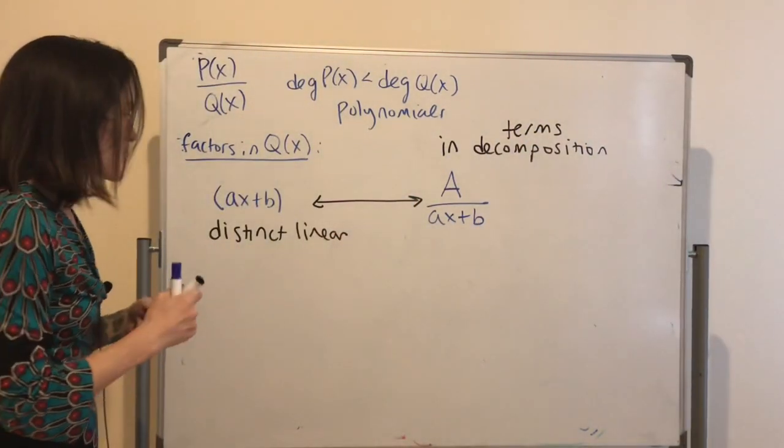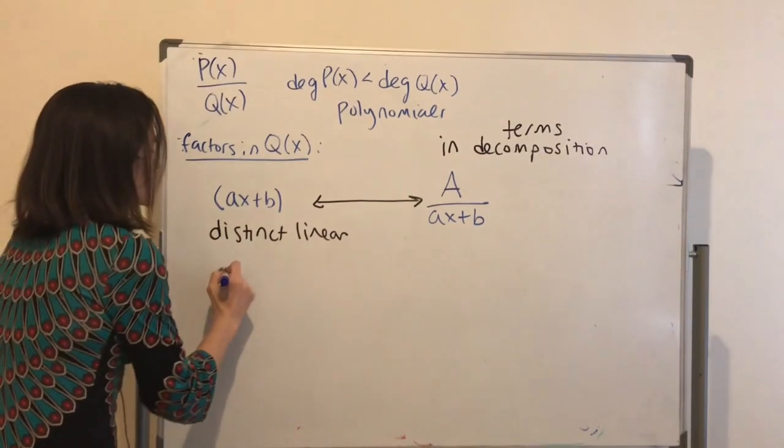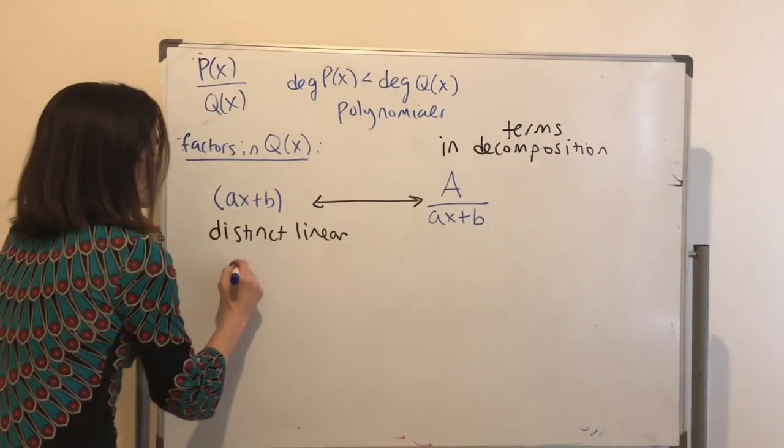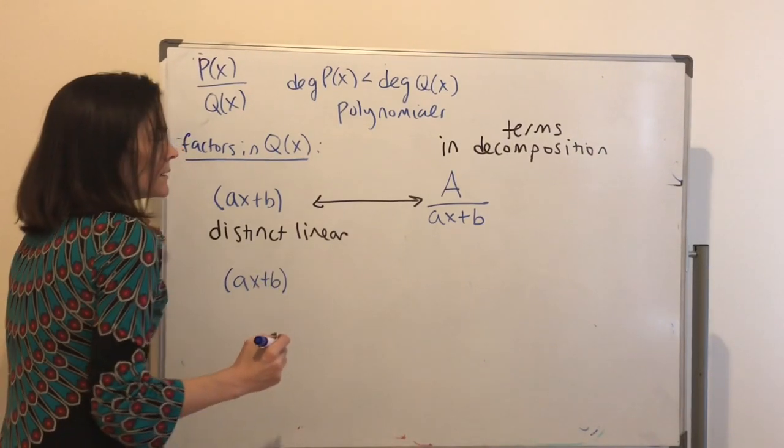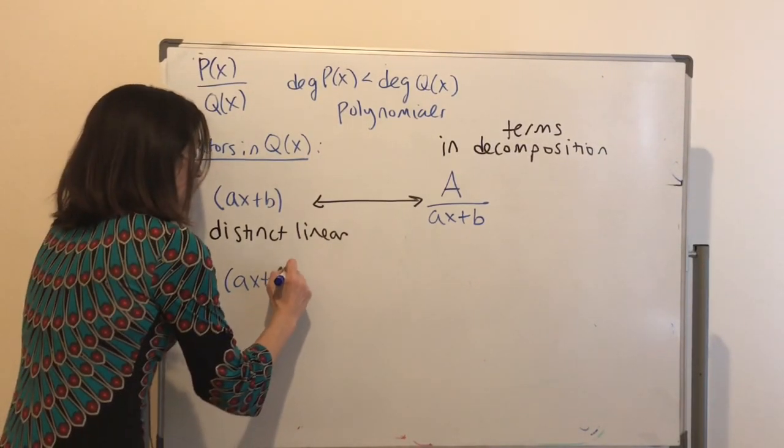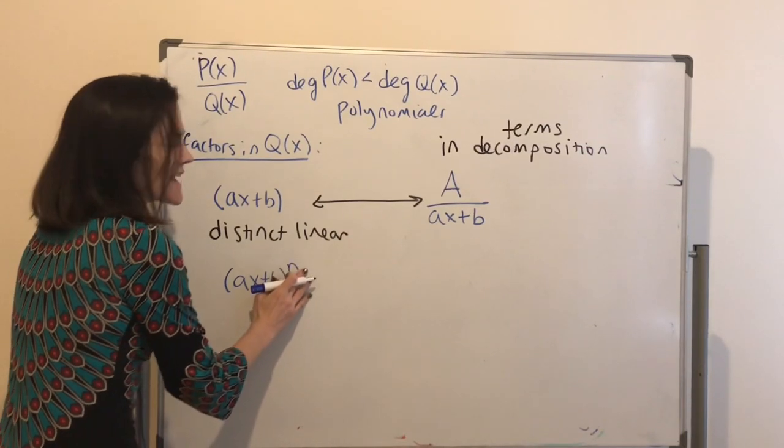Okay, maybe that's a little more clear. Well, you could also have repeated linear factors like this. You could have an ax plus b to the n. Do we really want to say to the n?